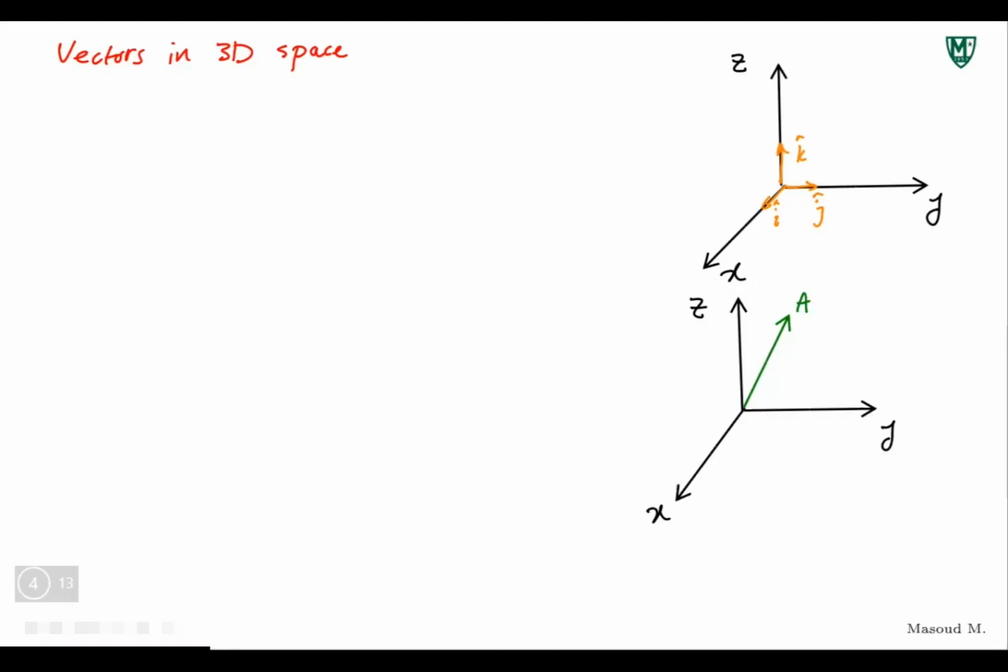Now, hopefully you remember, we can just represent this vector with its components along each axis. If I draw this down here, and then we'll get this one this way, and this one this way. These are the components: component along x-axis, component along y-axis, and component along z-axis.